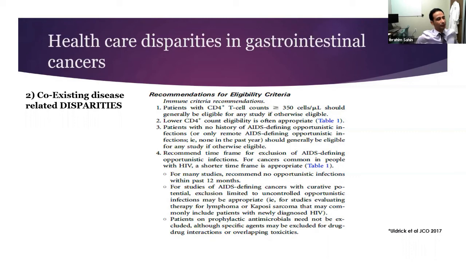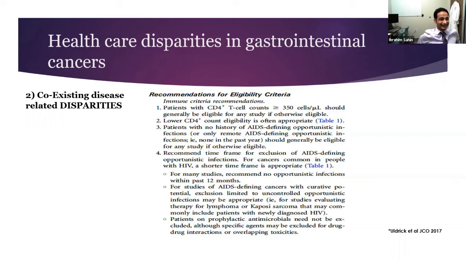And even for a patient who had an AIDS-defining infection in the past, it may not be so relevant if that happened 10 years ago and the patient has really well-controlled HIV right now. So the emphasis of this recommendation is: be inclusive as much as you can. Do not judge or label the patient because of a disease that may not have much to do with the treatment, and may be very well controlled and not have an impact on the outcomes.